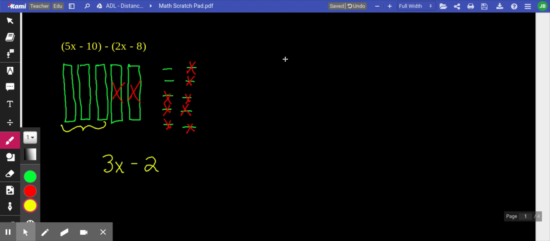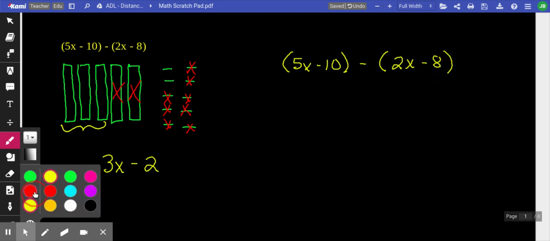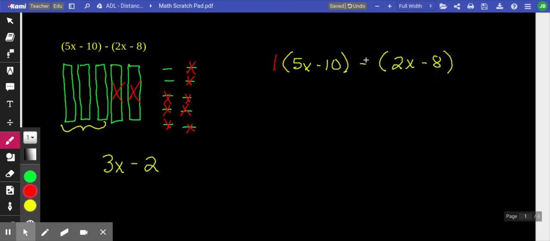So again, the algebraic approach would be to write it out as 5x minus 10 minus 2x minus 8. Put our imaginary ones in front of this, which is still there.